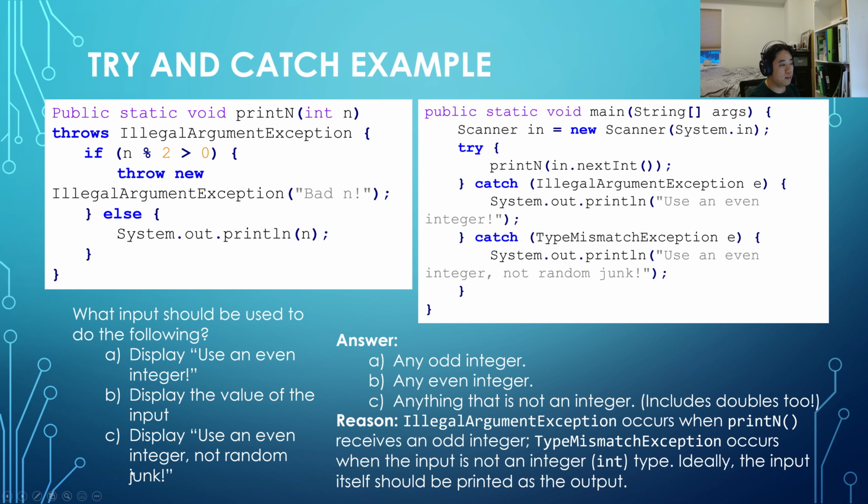Now for C, which means "use an even integer, not random junk," we can pass in anything that is not an integer, because type mismatch happens when you put in something that does not have a matching type to what's being fetched here.